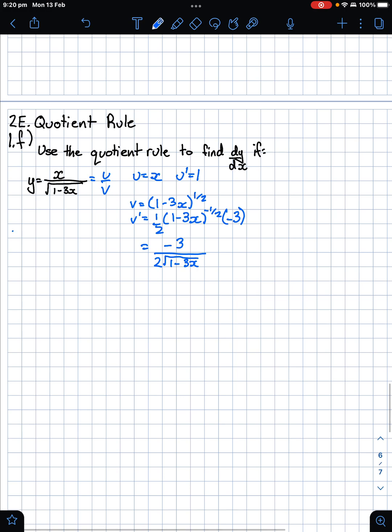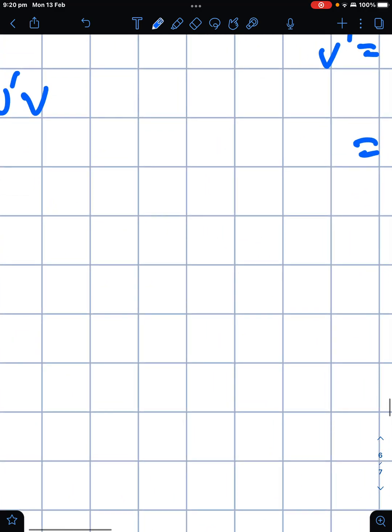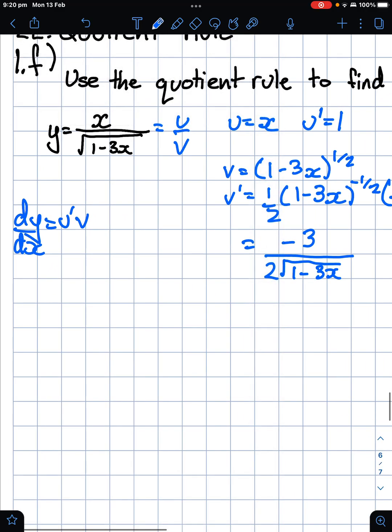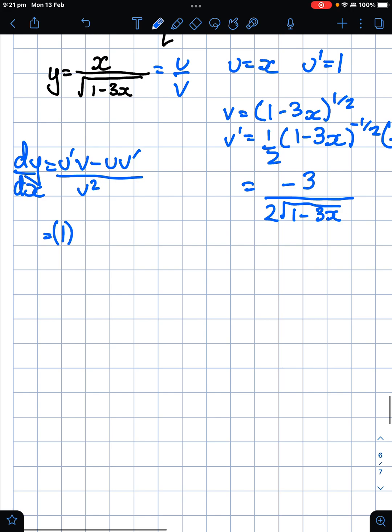So now let's start with dy/dx equals u dash v minus u v dash, all over v squared. So we've got our u dash is 1. I'm just going to put that in a bracket for this first step, and then times v. v was square root of 1 minus 3x.